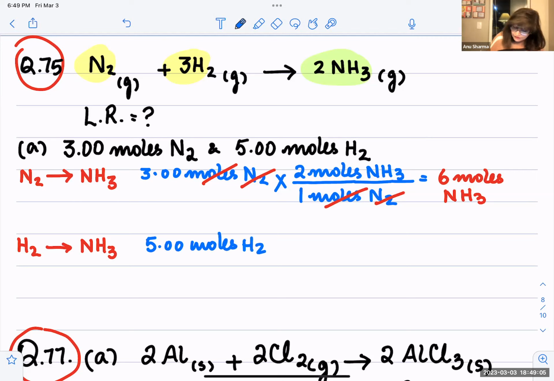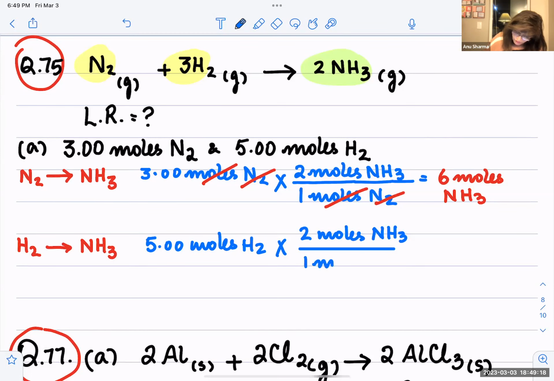Okay, 5.00 moles of hydrogen times, now you have 2 moles of ammonia over 1 mole of NH3, and that gives you, wait, sorry, not NH3. I'm making a mistake here. Sorry about that. Okay, hydrogen, so it's the relationship of hydrogen and ammonia.